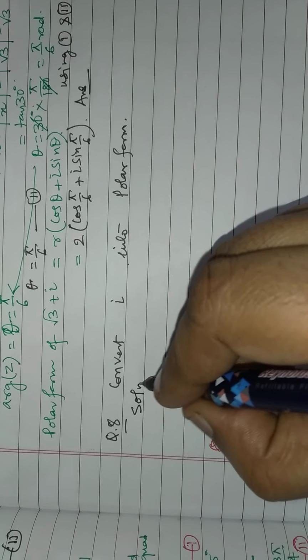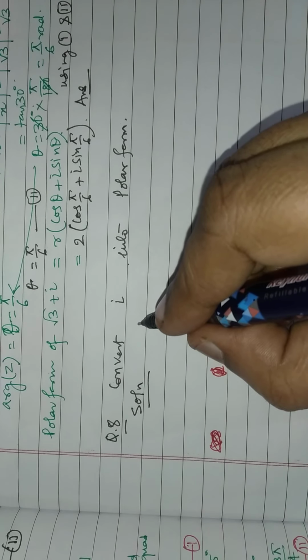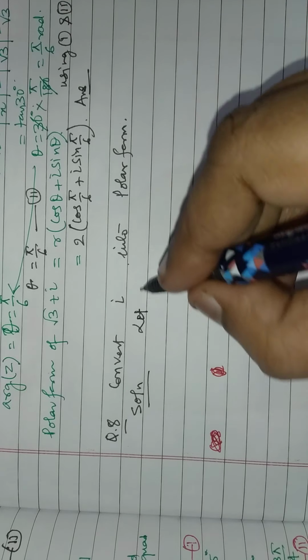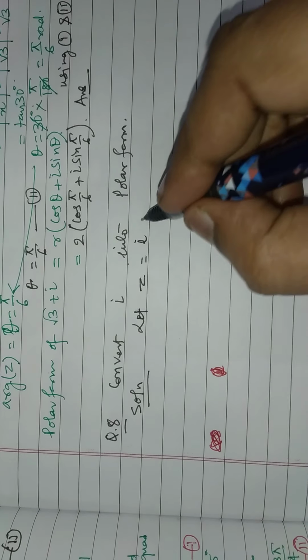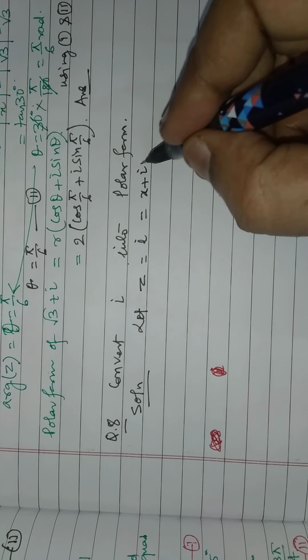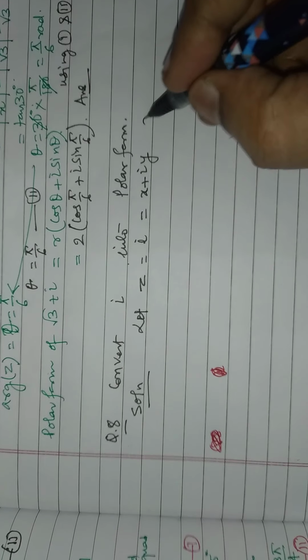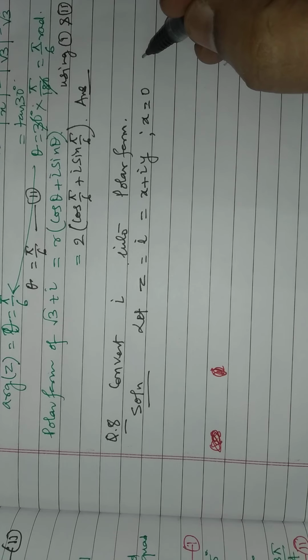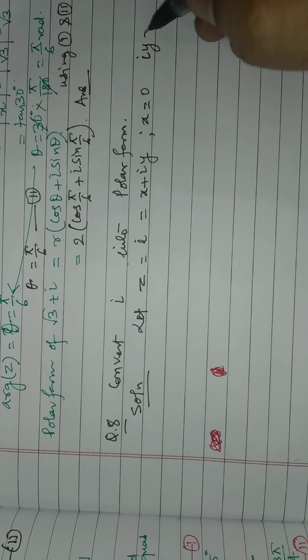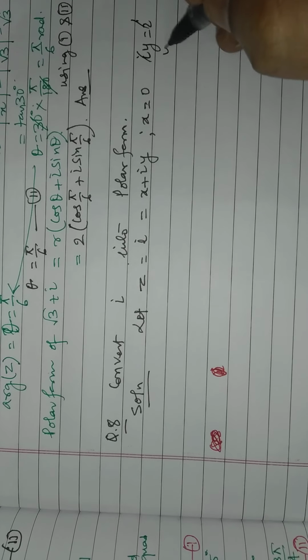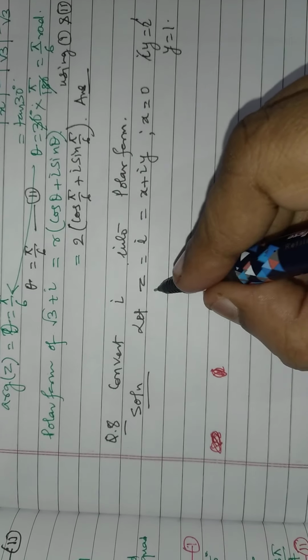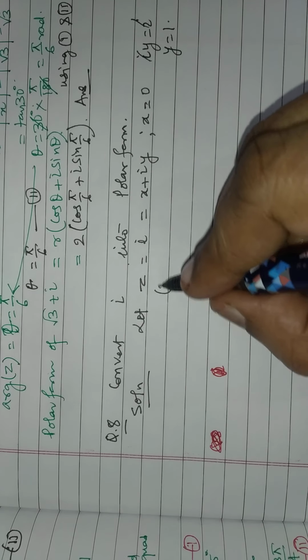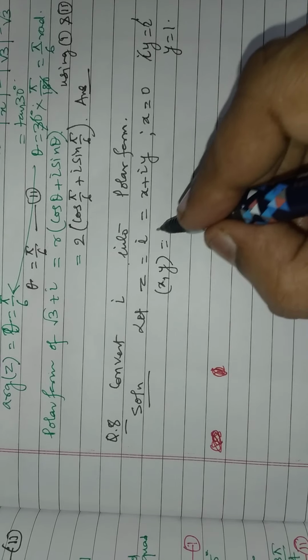Solution. So let us suppose z is equal to i, and you equate it with x plus iy. So the real part is 0, and iy is equal to i, so y is equal to 1. So this complex number in ordered form is 0, 1.